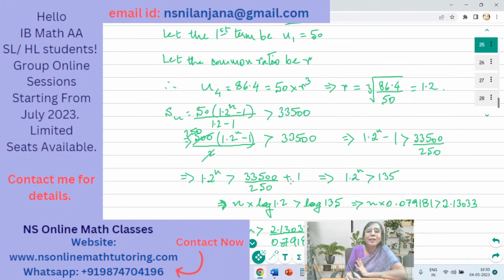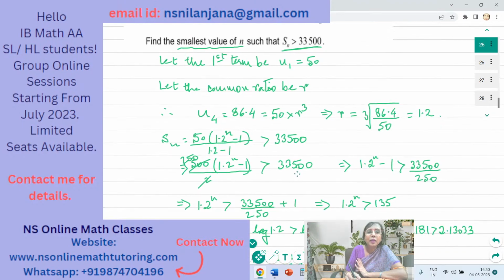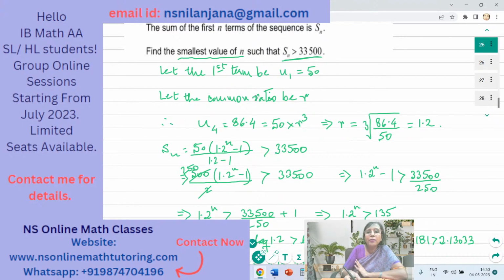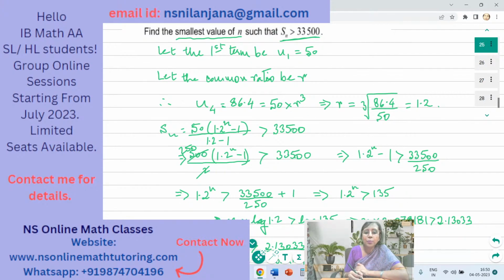Okay? And n is the term number, because they are saying sum of the first n terms. First term, second term, term 1, term 2, term 3, term n. n is the term number, so it has to be a positive integer. And they are asking us to get the smallest value of n.